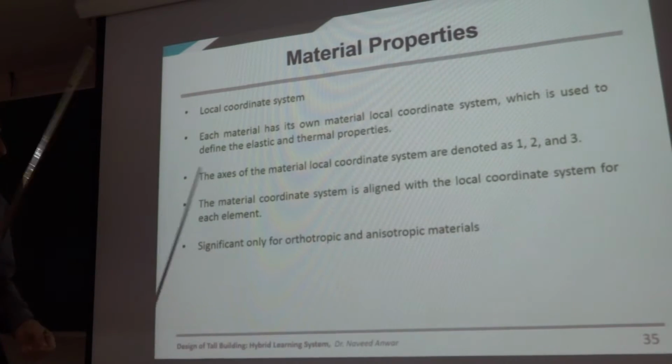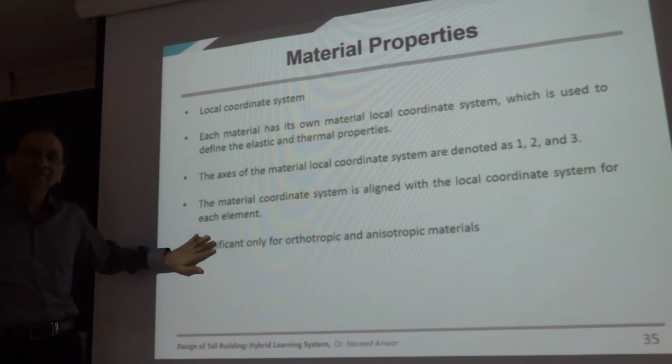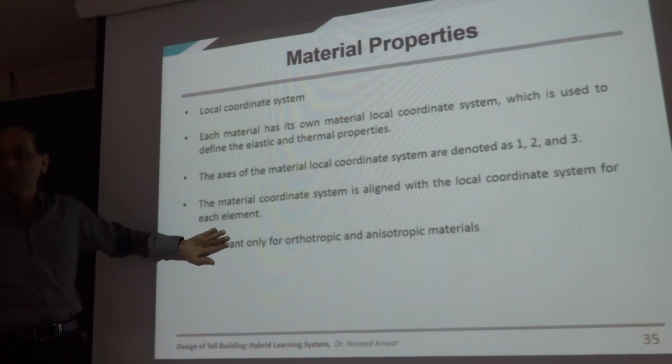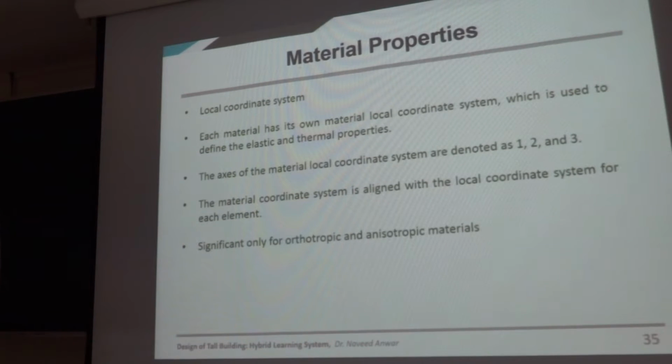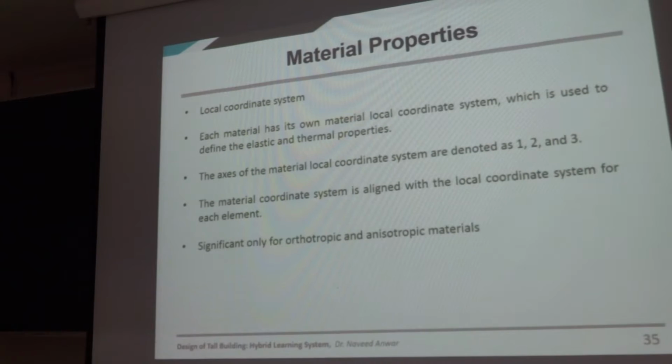So this is only important for orthotropic and anisotropic materials. I will talk about that, or maybe you already know what it is. If not, we will discuss. So for simple models, this information is not important because we don't even have the ability to model this.